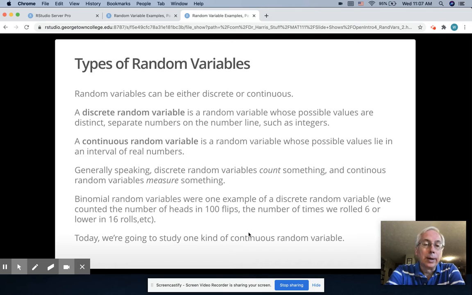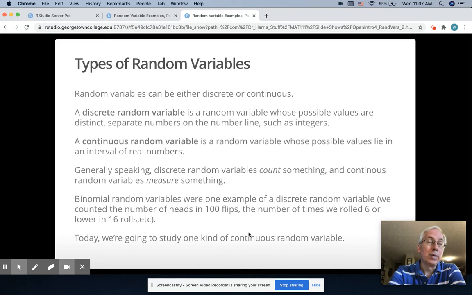I didn't mention this prior, but random variables can be either discrete or continuous. These are terms that I think I mentioned back in chapter one. Discrete variables count something, continuous variables measure something, and the same is going to be true for discrete random variables and continuous random variables.